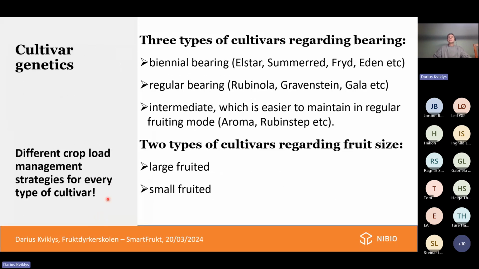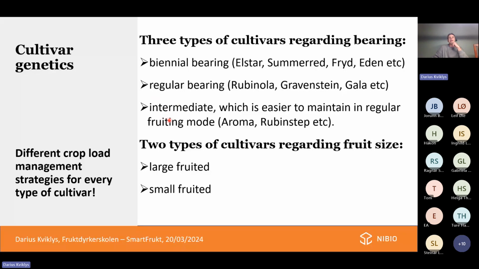But what I am saying can also be modified by cultivar genetics. We can distinguish three types of cultivars regarding bearing regularity. We have biennial bearing varieties like All-Star, Summered, Free, Eden, and others. We have more or less regular bearing varieties, which are not high yielding like Rubinola or Gala, but they have more or less good yield every year.